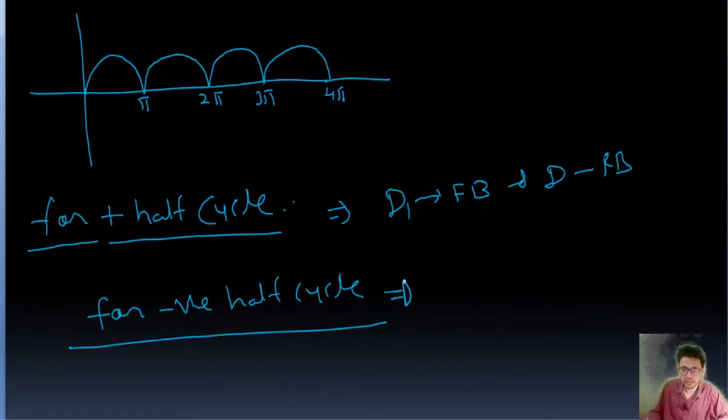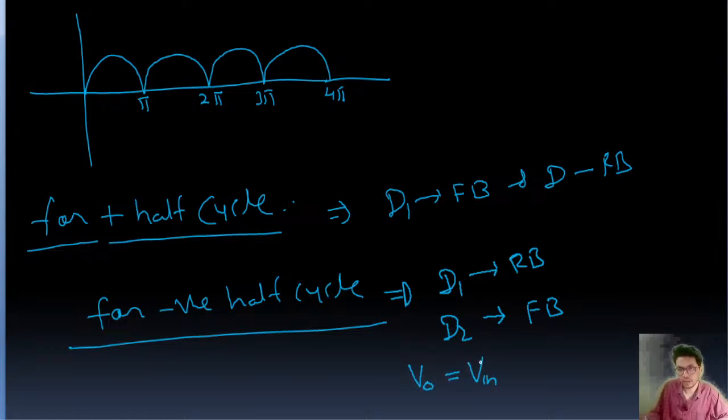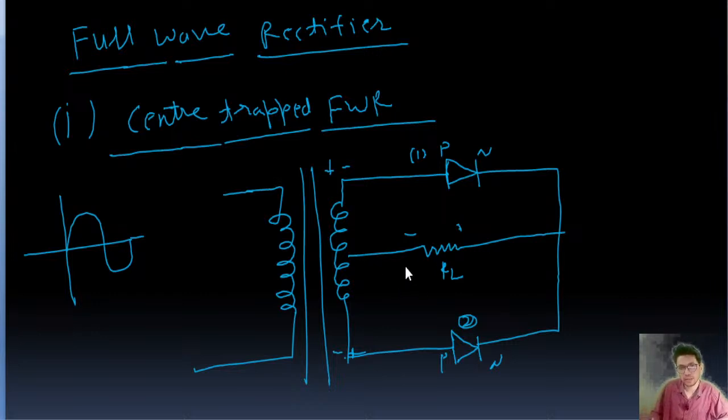In that case, D1 is reverse biased, I'm writing in short FB for forward bias and RB for reverse bias, and D2 is forward biased. And V0 equals Vin. So this is for the positive cycle and negative cycle, and this is the center tapped full wave rectifier.